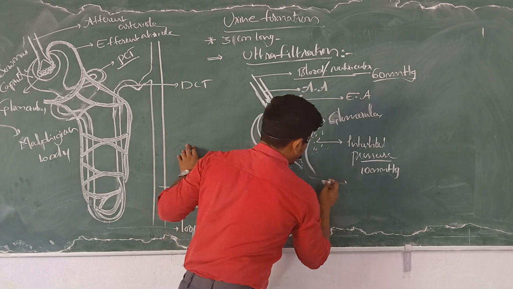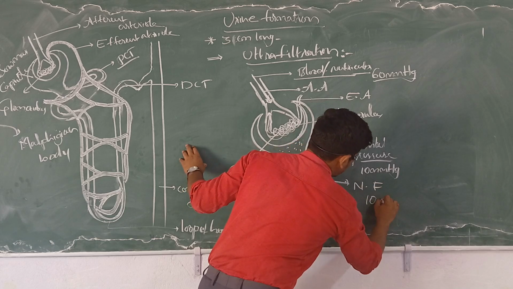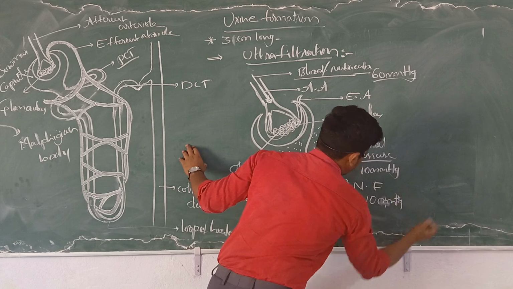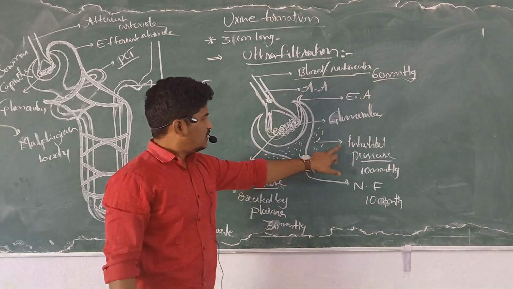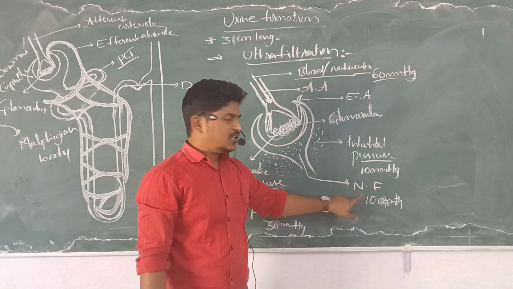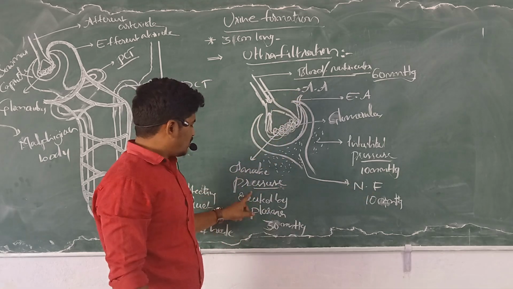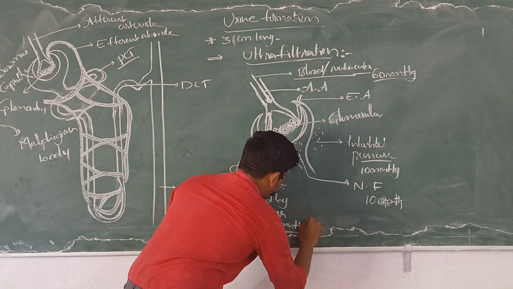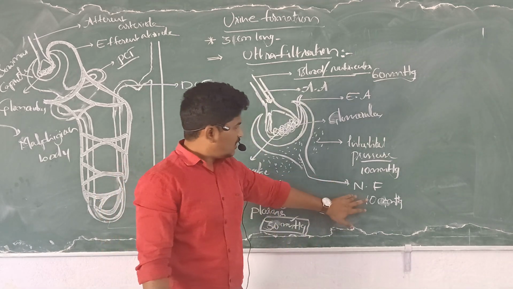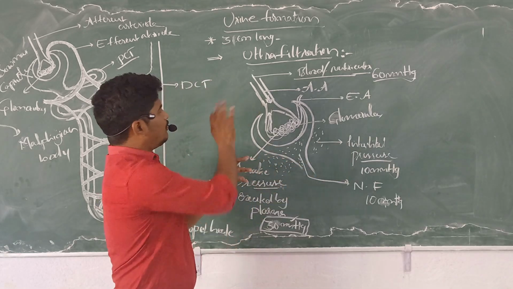That nephric filtrate also contributes some pressure, which is also 10 mm Hg. So interstitial pressure exerts 10, nephric filtrate exerts 10, and here we have the osmotic pressure of 30 mm Hg. These three combined oppose the blood pressure.